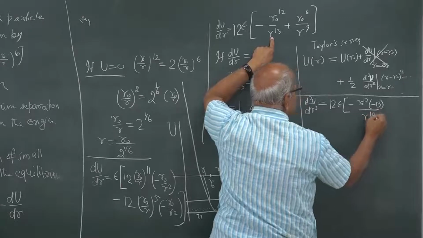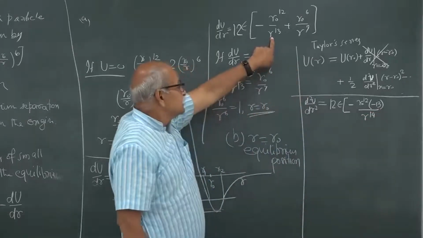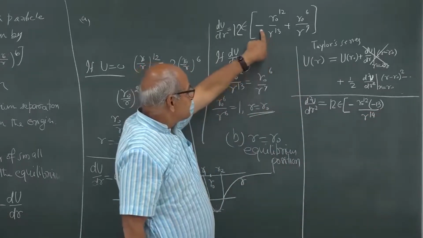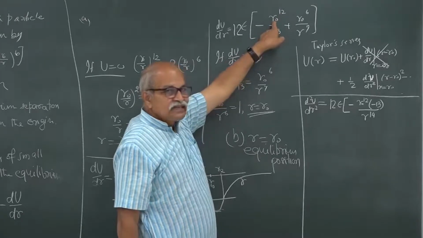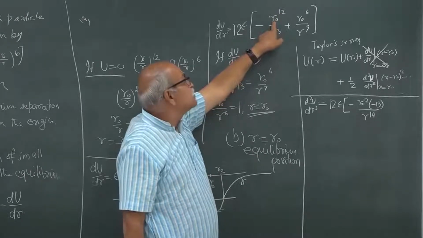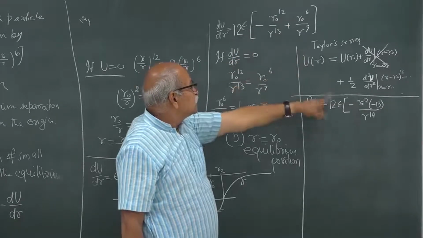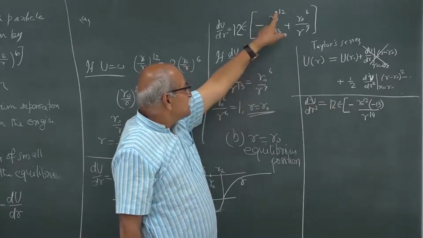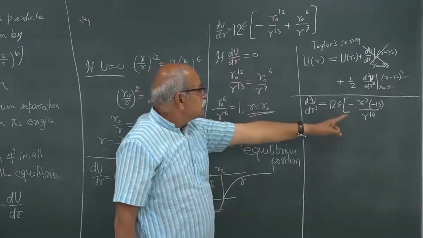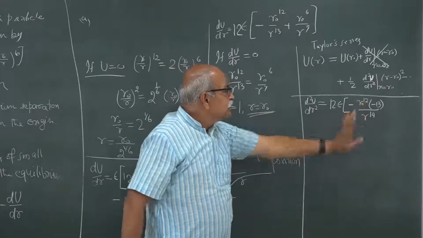So, r to the power 14 in the denominator, right. I have written minus, I have written r naught to the power 12 which is constant, and then I have to differentiate. So, I am differentiating r to the power minus 13. So, minus 13 r to the power minus 14, r to the power minus 14 is written as r to the power 14 in the denominator.